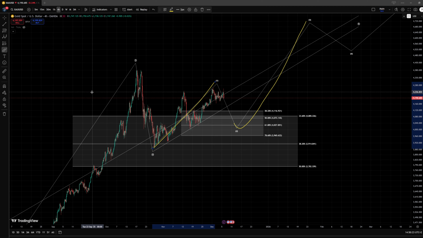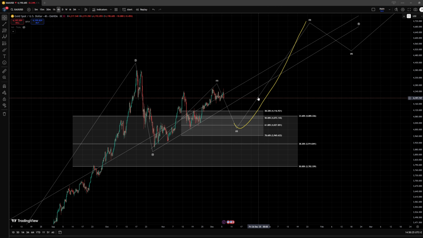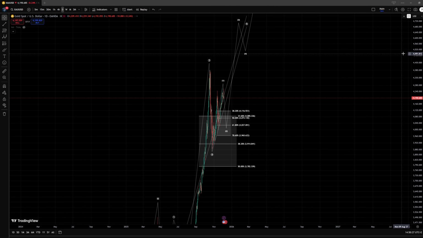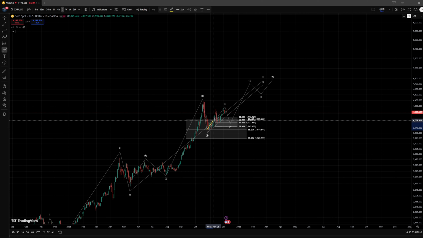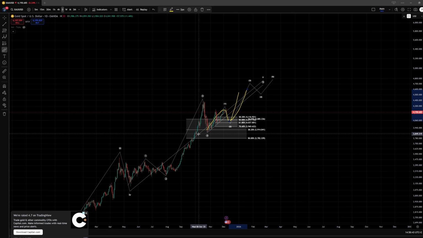But I do want to mention the caveat that this larger wave 5 that is forming in this area could be considered an ending diagonal, in which case an ABC structure would be sufficient to complete the larger wave, and in that case we wouldn't need too much of an extension within this next move to the upside.